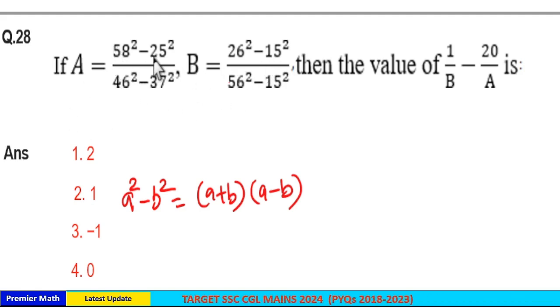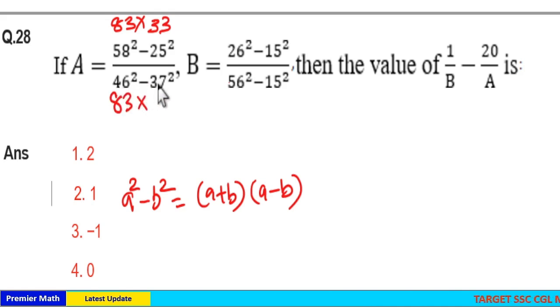Here 50 plus 20 is 70, 8 plus 5 is 13, so 70 plus 13 is 83. 50 minus 20 is 30, 8 minus 5 is 3, so 30 plus 3 is 33. And in the denominator, 40 plus 30 is 70, 6 plus 7 is 13, so again 83. 40 minus 30 is 10, 6 minus 7 is minus 1, so 10 minus 1 is 9. 3 goes 3 times in 9, 11 times in 33. 83 and 83 cancel. So 11 by 3 is A.